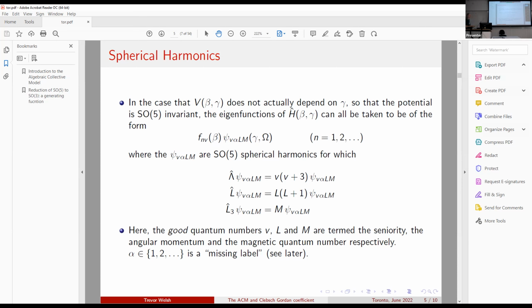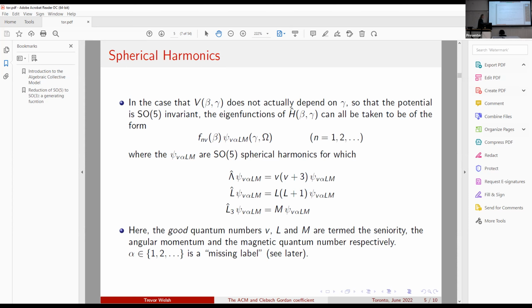So these are good quantum numbers, V, L, and M: the seniority, the angular momentum, and the magnetic quantum number, respectively.